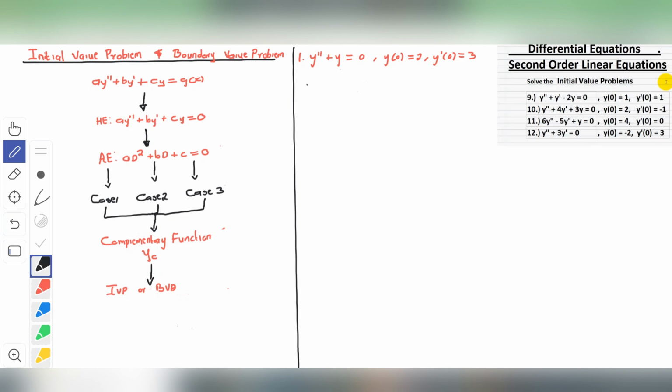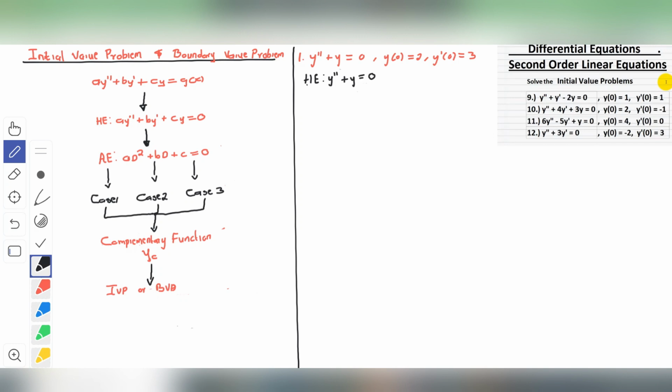How do we find the complementary function? The first thing we write is our homogeneous equation. The homogeneous equation is y double prime plus y equals 0.